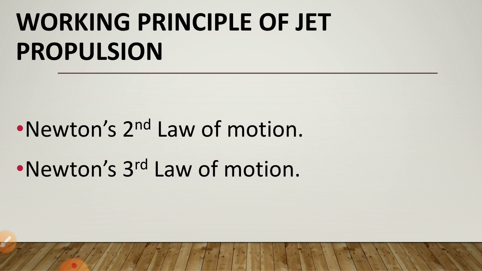It means force is necessary for imparting momentum. Newton's third law states that for every action there is an equal and opposite reaction. Now we'll see how the turbojet engine works on that principle.